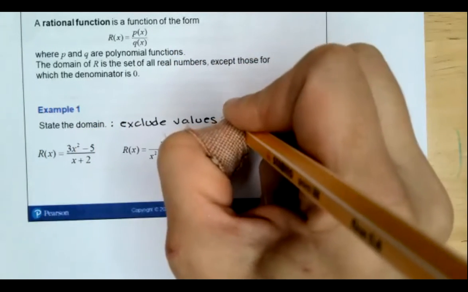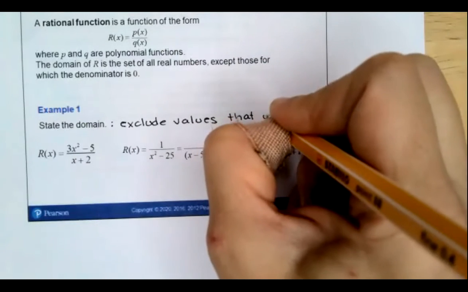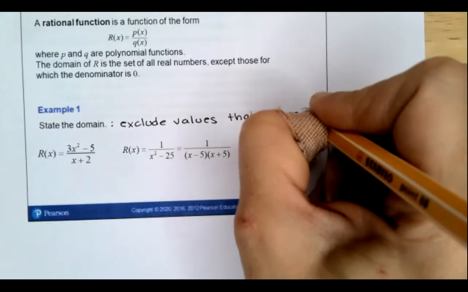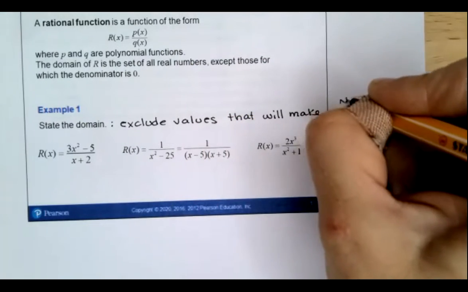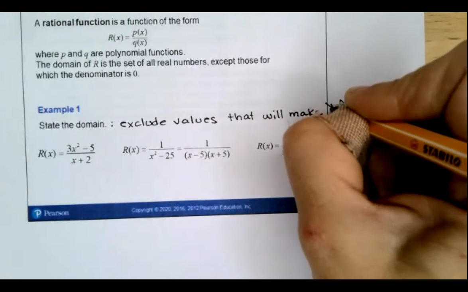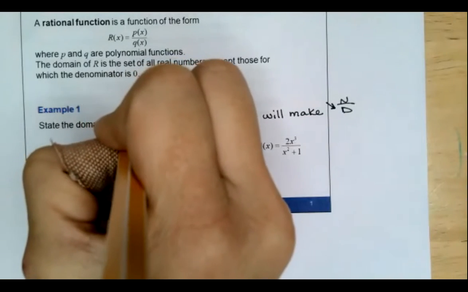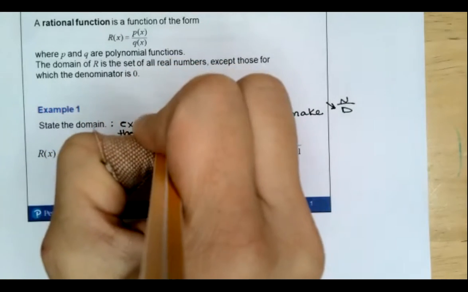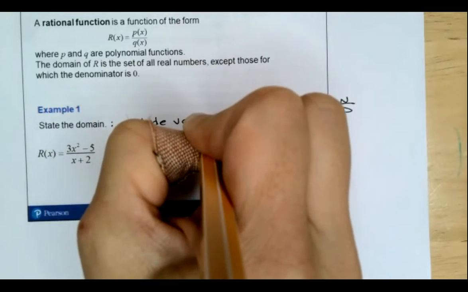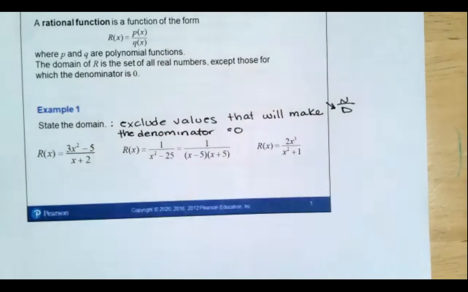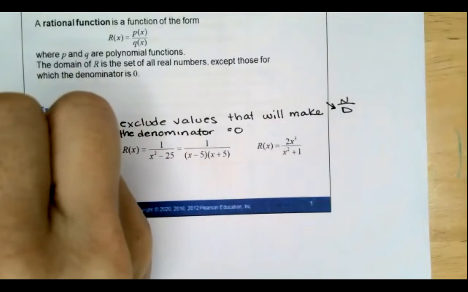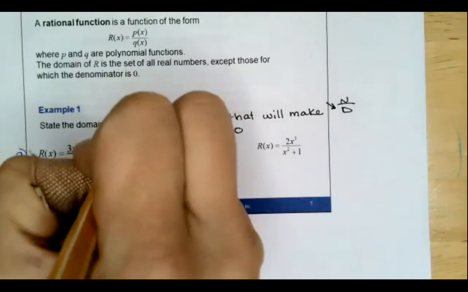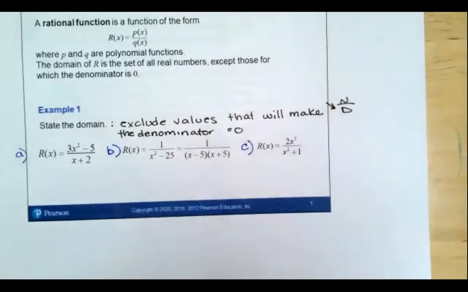Exclude values that will make the denominator 0. That would be undefined.